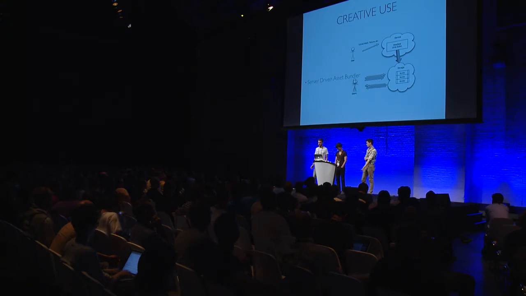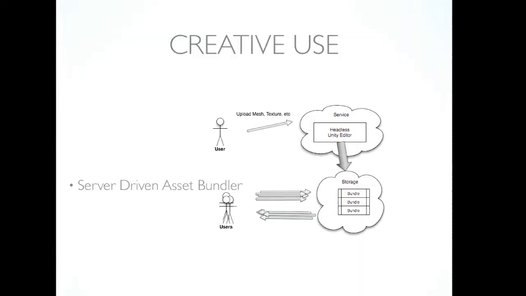So as an example, you could have a user submit a model and a texture, and then that goes off to a server somewhere, which copies the assets into the right place, and then runs an instance of the Unity editor in headless mode, which can execute a script to build that into a proper asset and do all the post-processing.